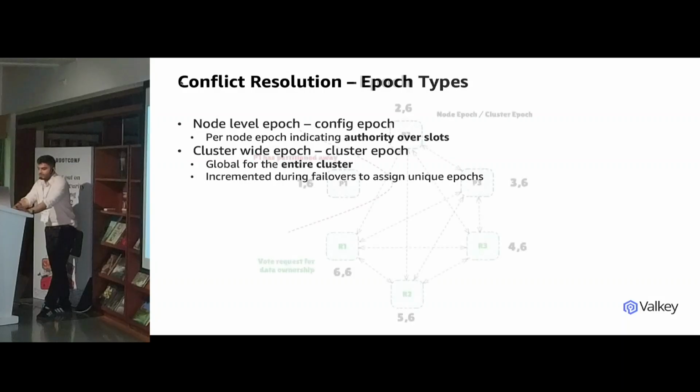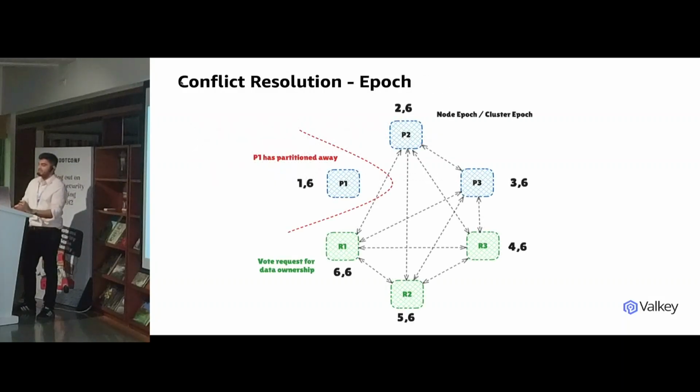Such operations get the cluster epoch bumped. I'll talk through the previous example where one node was down and how epoch plays a role in handling the conflict. So over here, P1, P2, P3, R1, R2, R3 have a unique node epoch value. That is, P1 has 1, P2 has 2, P3 has 3, and so on. The maximum epoch value here is 6, so that's the cluster epoch.